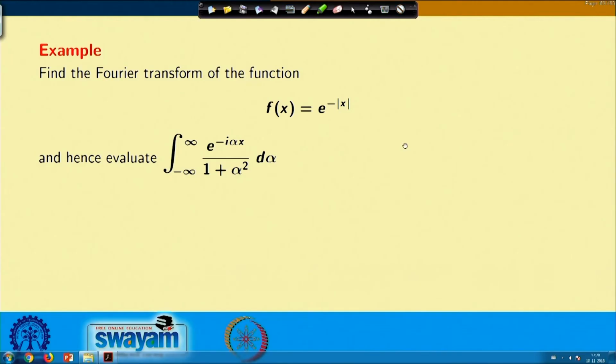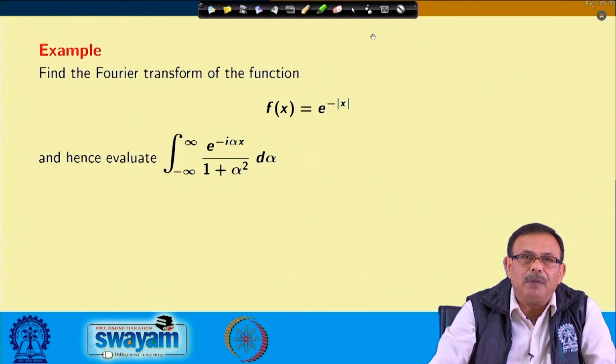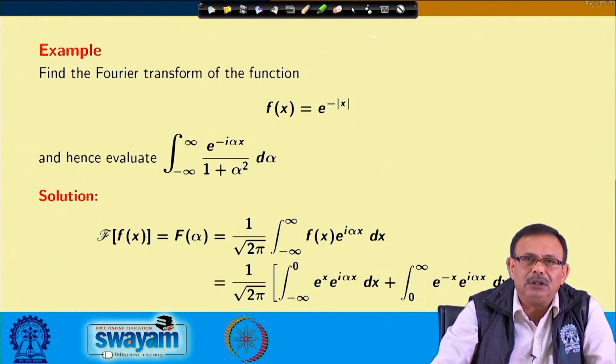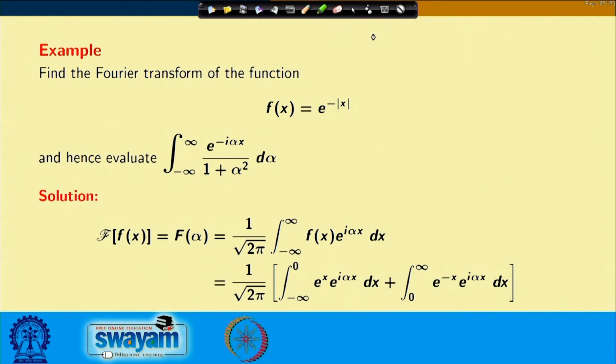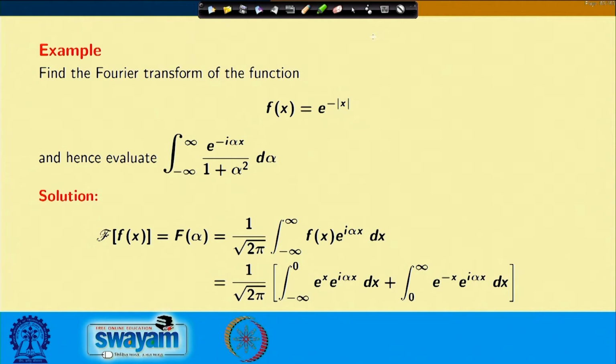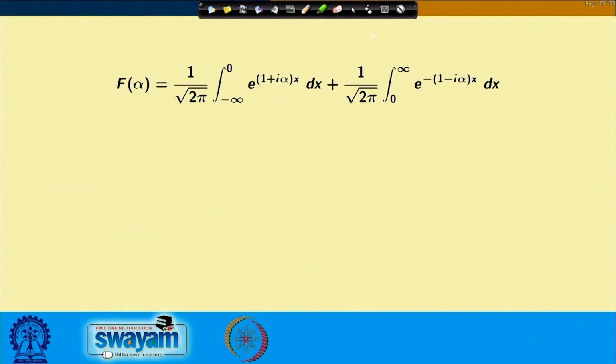Let me quickly see it again. We have to find the value of this. The Fourier transform of f x is f alpha equals 1 by root 2 pi, minus infinity to infinity f x e power i alpha x dx. Since the function is given, I have to break it into two parts, minus infinity to 0 and 0 to infinity. In minus infinity to 0 it takes the value e power x, whereas in 0 to infinity it will be e power minus x.